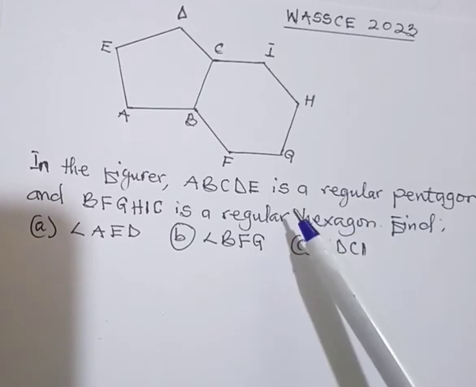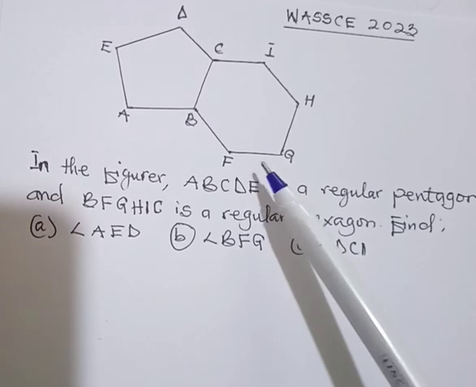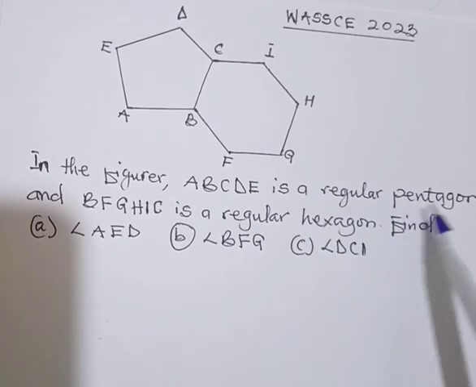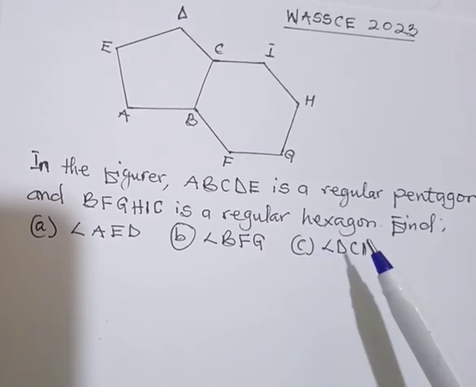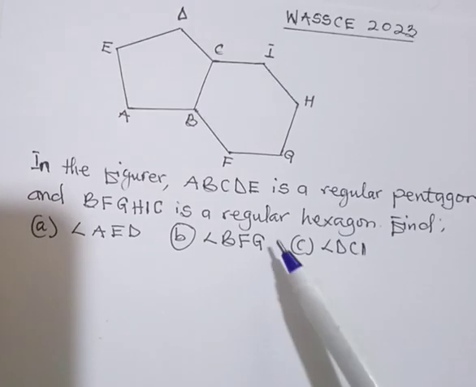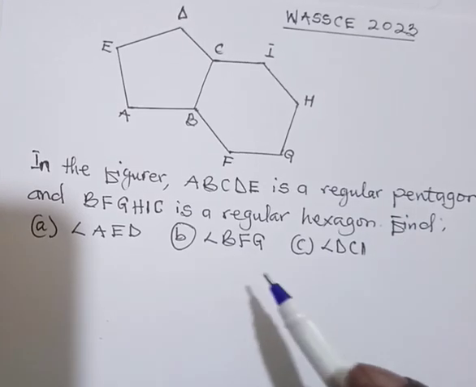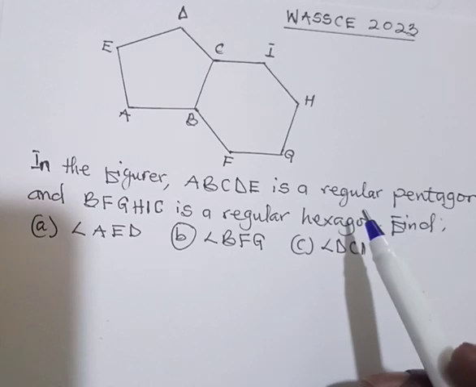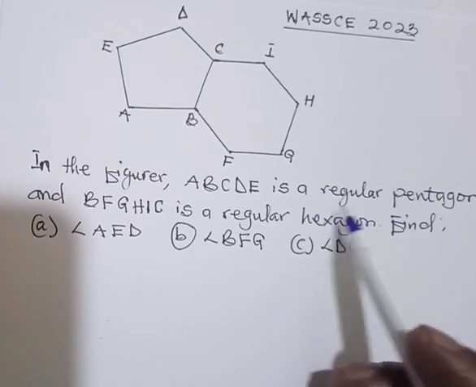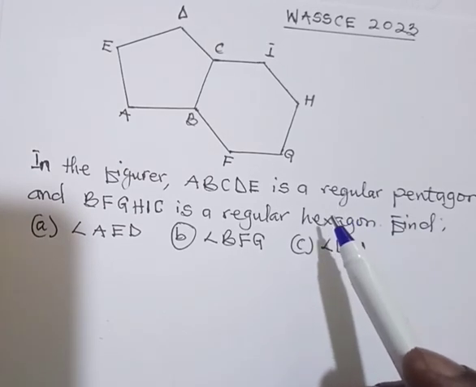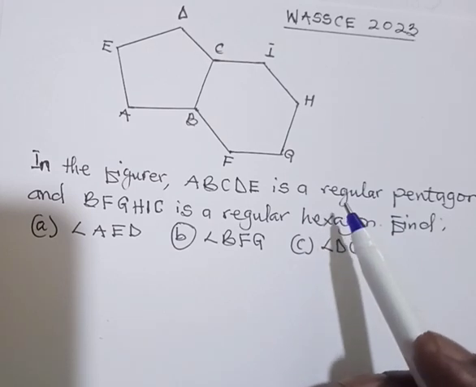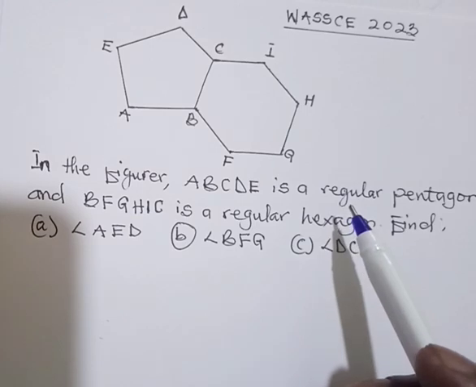So how do we find the interior angles of a pentagon and a hexagon? Now, in the concept of polygons, before that, what at all is a regular polygon? When we say regular polygons, we are talking about a polygon with all sides equal and all angles equal.